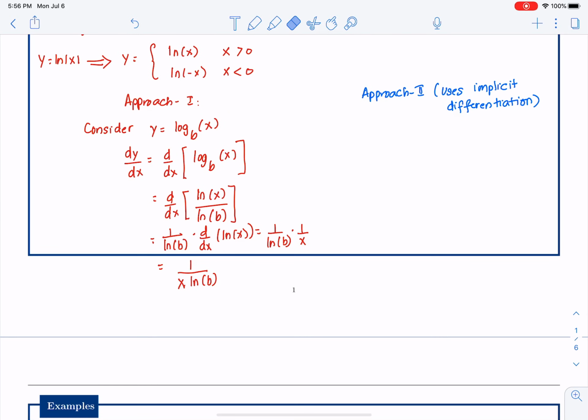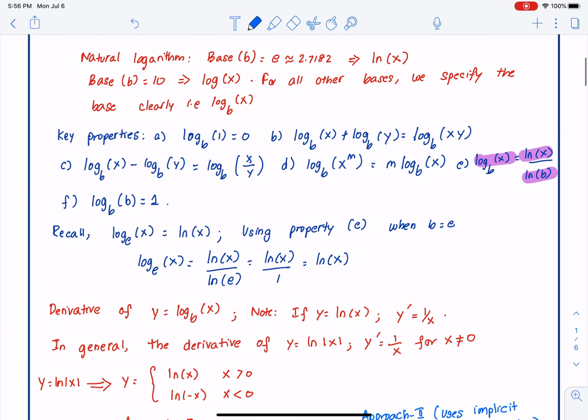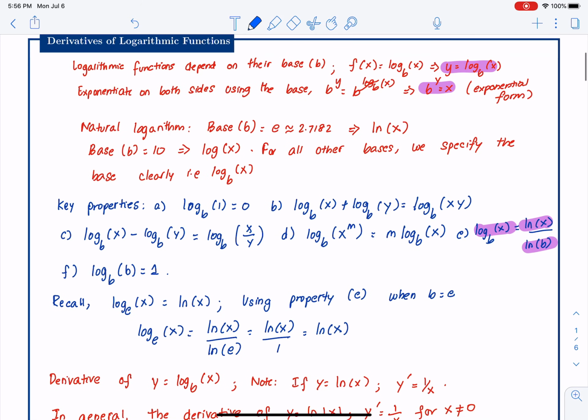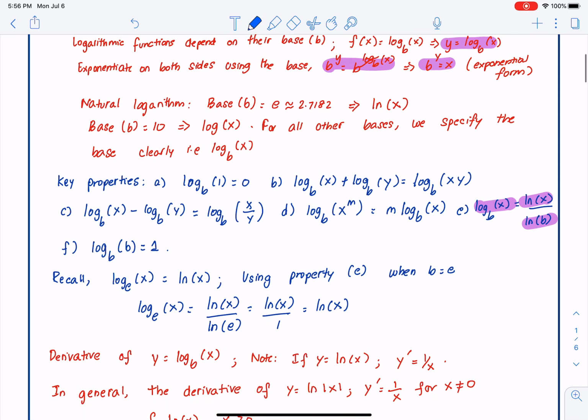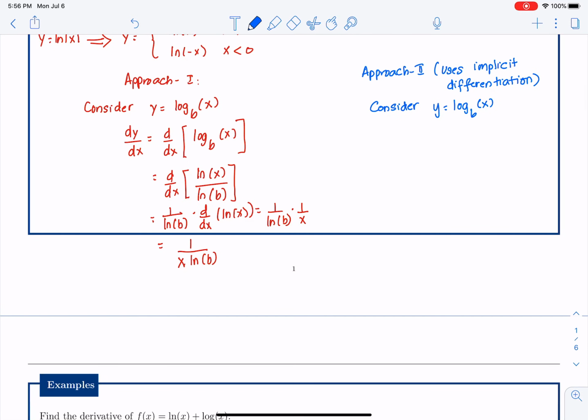So consider y equals log base b of x, and I'm going to use one of the properties I had used earlier right here. I'm going to exponentiate on both sides using b.